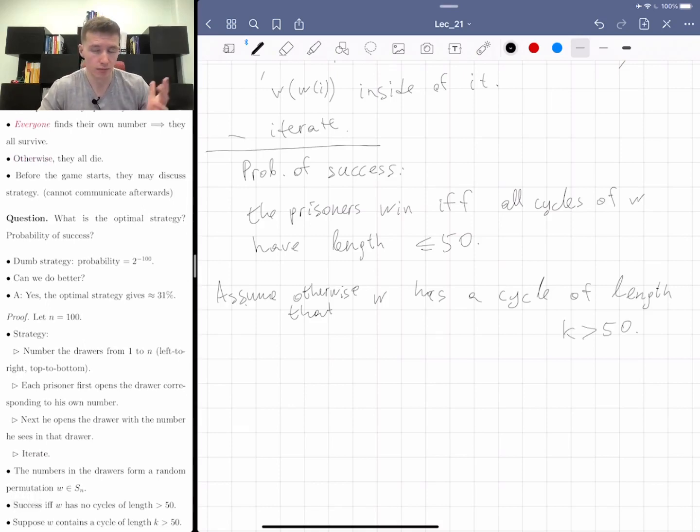And because the total sum of all cycle lengths is equal to n, there could be only one big cycle. So this cycle is unique.